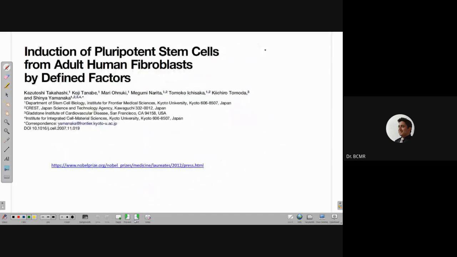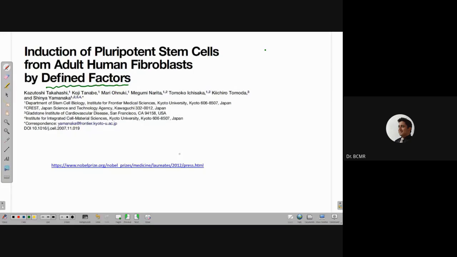So in 2007, almost a decade ago, there was a paper, Induction of Pluripotent Stem Cells from Adult Human Fibroblasts by Defined Factors.